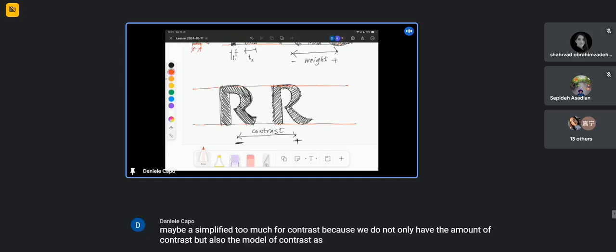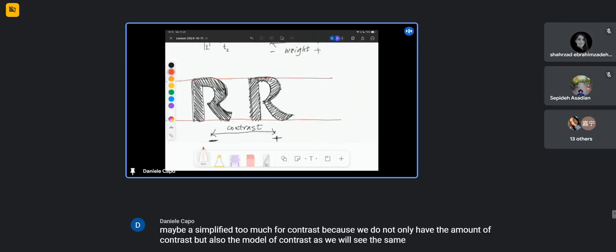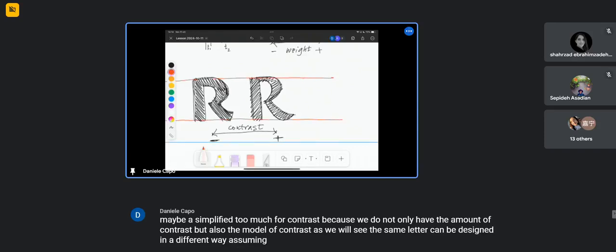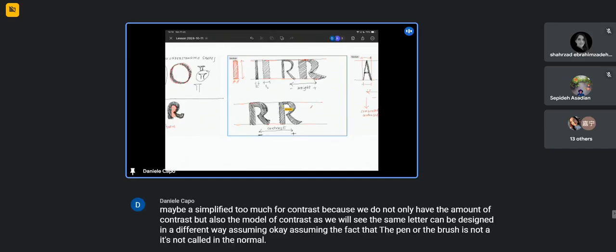As we will see, the same letter can be designed in a different way, assuming the pen or the brush is not held in the normal way, but rather more vertical.